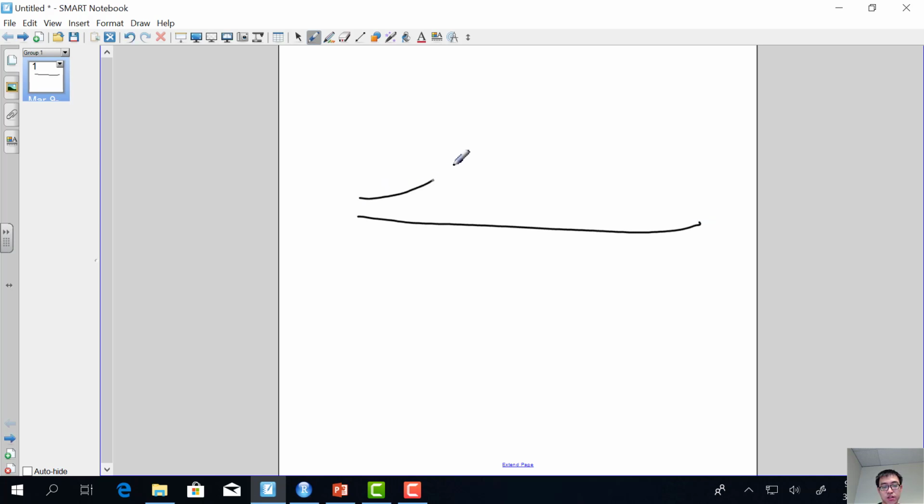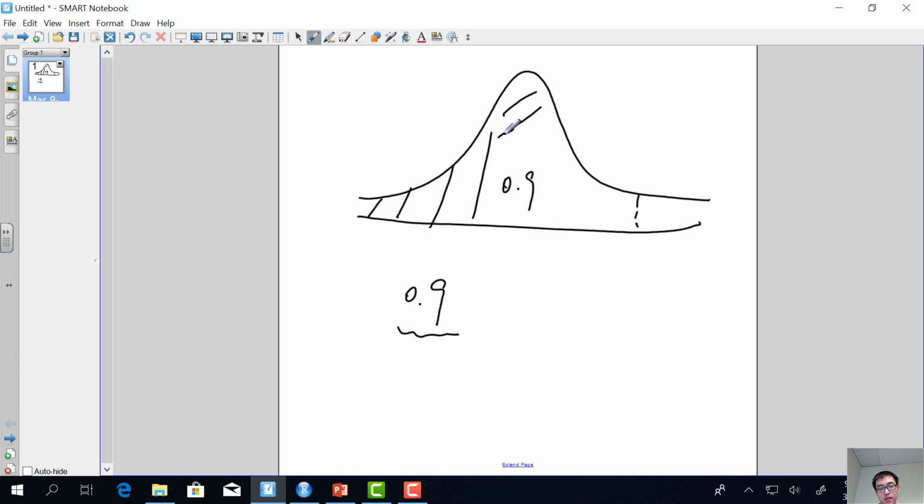Suppose this is a normal curve, and this is the mu, right? Because we know the whole area under the curve is 1, the probability cannot exceed 1. So suppose you are interested in the probability 0.9, and you want to know which z-score corresponds to this area.